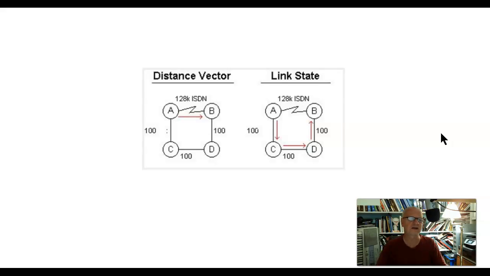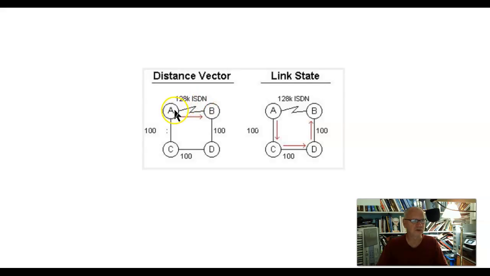There are two big classes of routing protocols, distance vector and link state. Distance vector is the simpler one. It simply knows how far it is to get to the network that I need to get to. And in fact, it comes in two parts, distance and vector.